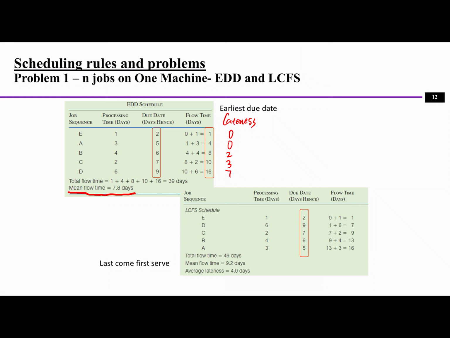We find a sequence, then we calculate the flow time, and then we look at the lateness. So lateness here is 0, 0, 2, 4, and 9. Sorry, this is 11. This is not 4. This is 7.